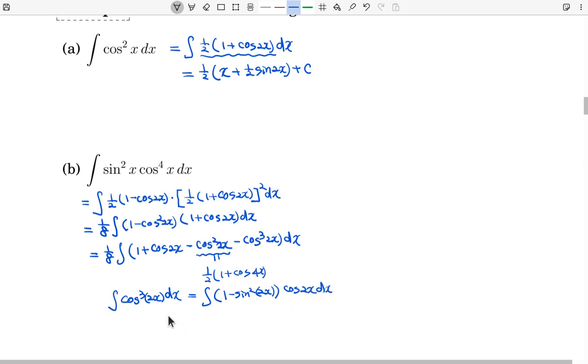If we use the substitution u is sine 2x, then du will become 2 cosine 2x dx, so this portion will be changed into half du. So that is the integral of 1 minus u squared, times half du.